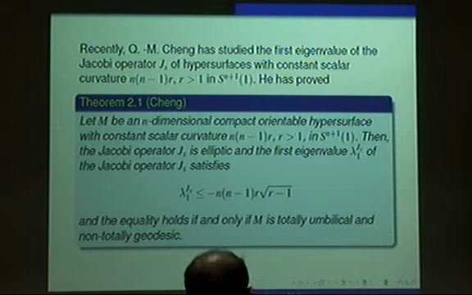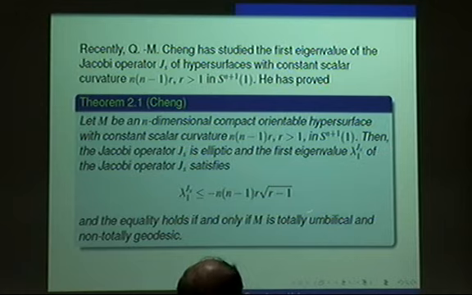Here the small r is greater than 1 in a unit sphere, and he proved the following: if M is an n-dimensional compact hypersurface with constant scalar curvature, here r is greater than 1 in the unit sphere, then this Jacobi operator is elliptic, and the first eigenvalue of this Jacobi operator satisfies this one.